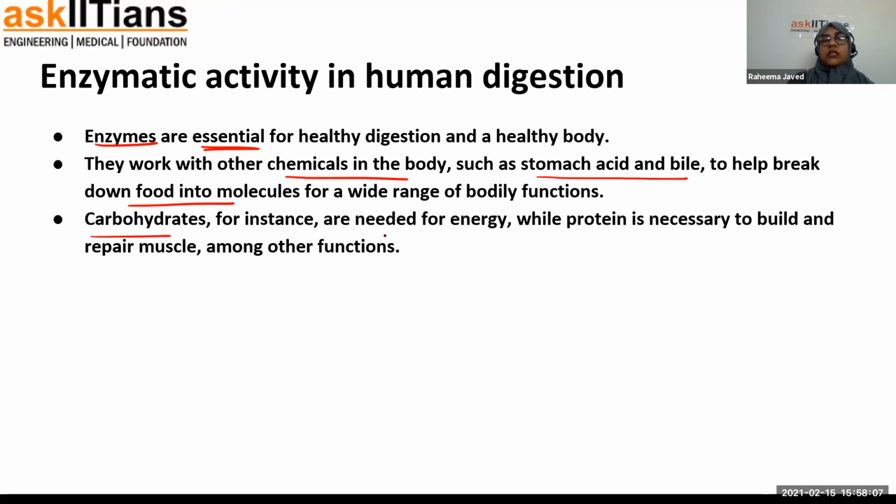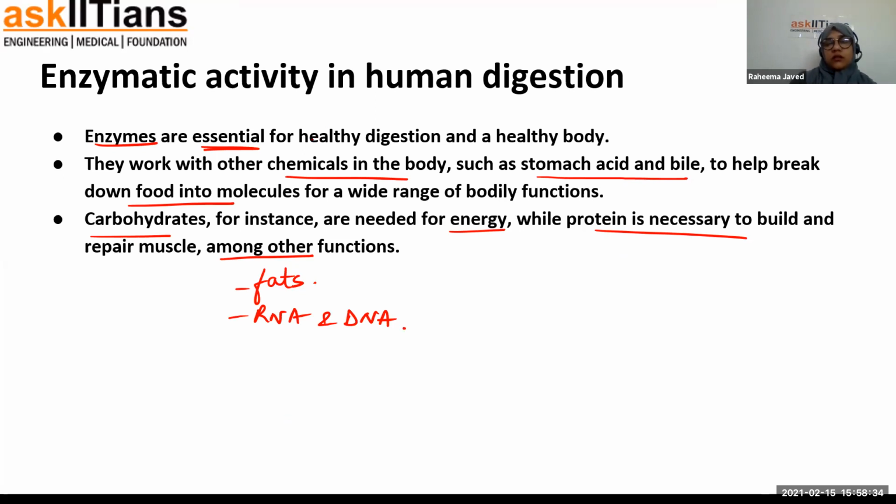Carbohydrates, for instance, are needed for energy. Carbohydrates are energy giving foods, while proteins are necessary for building up of tissues and muscles. And there are other functions also performed by fats and RNA and DNA.